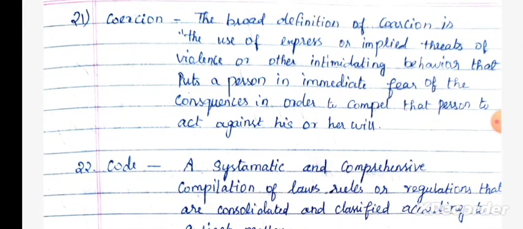Next one is coercion. What is coercion? The broad definition of coercion is the use of express or implied threats of violence or other intimidating behavior that puts a person in immediate fear of consequences in order to compel that person to act against his or her will. For example, if human trafficking has happened, they will use some kind of coercion on the victim.